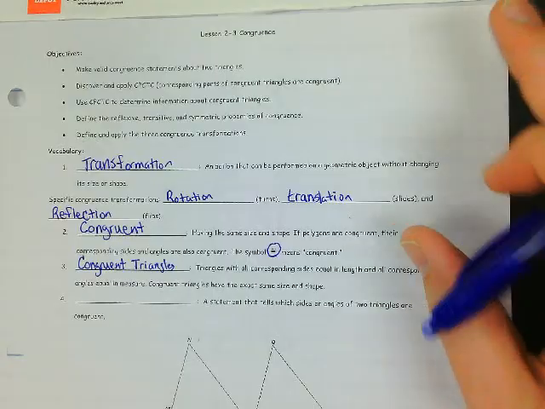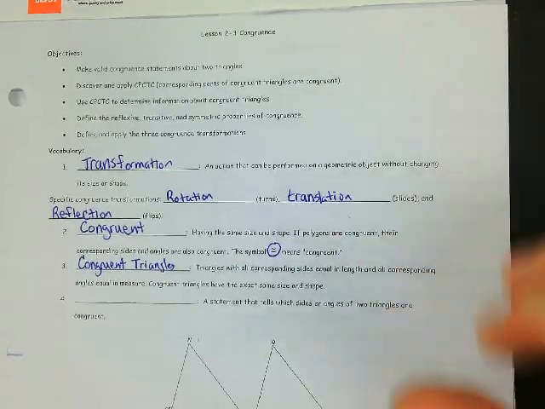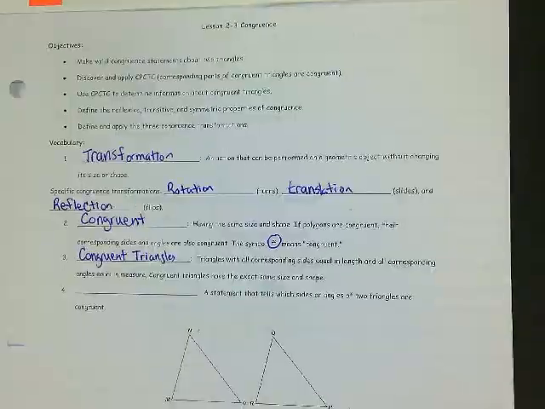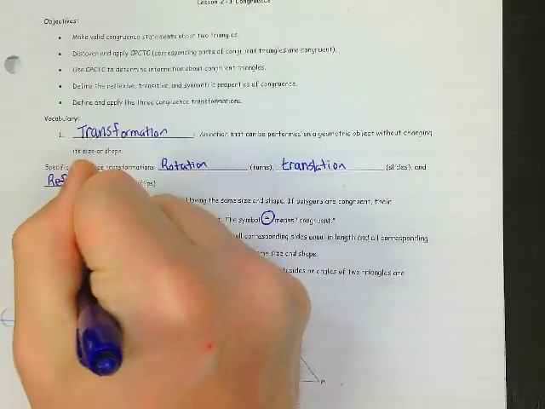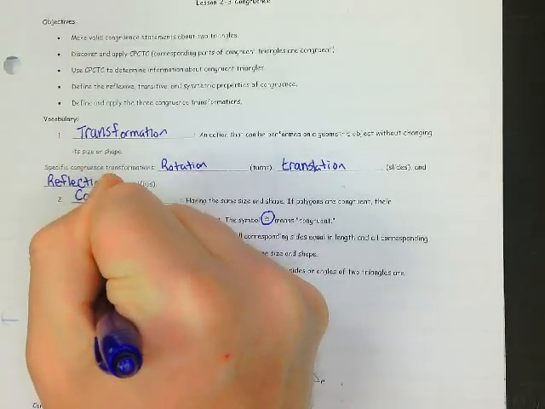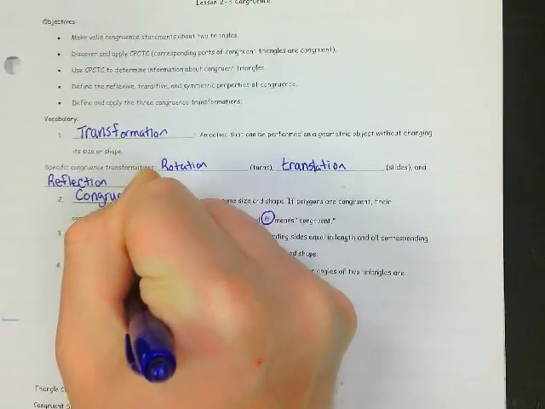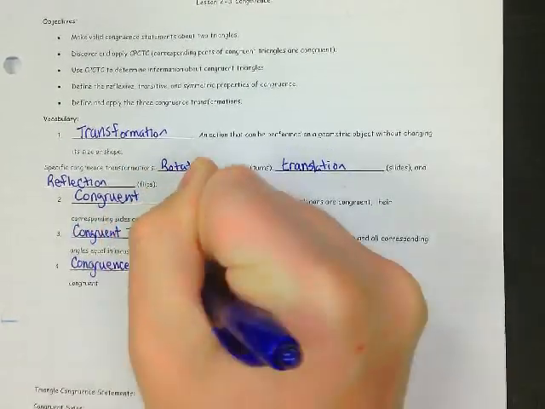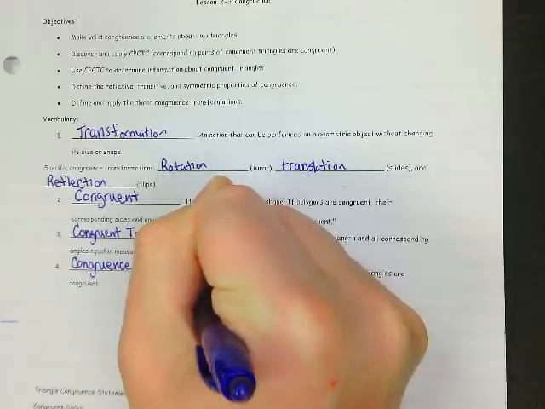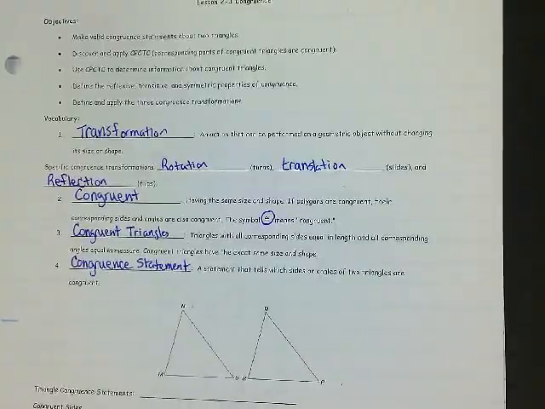Okay? Well, if they're congruent, then we can write what's called a congruence statement. C-O-N-G-R-U-E-N-C-E statement, S-T-A-T-E-M-E-N-T. A congruence statement.